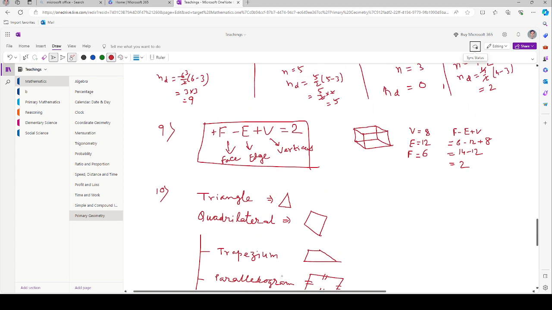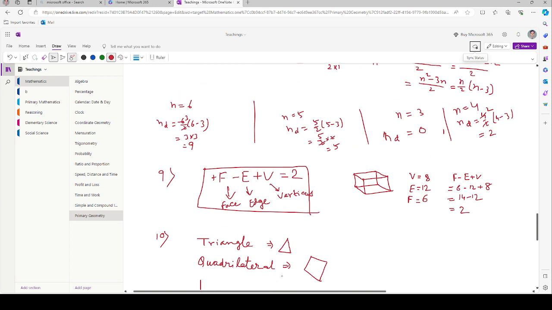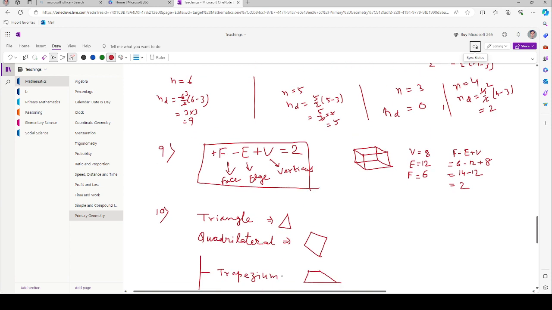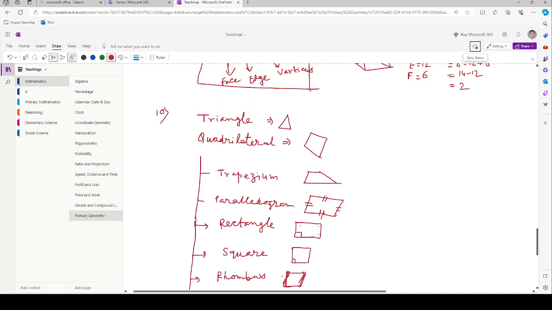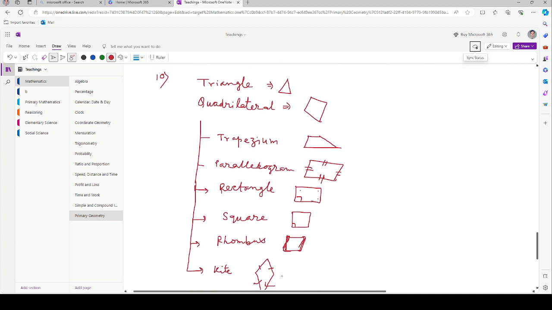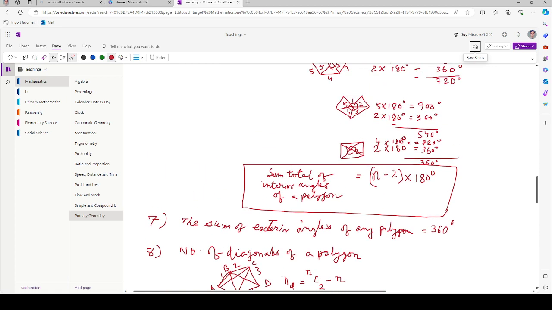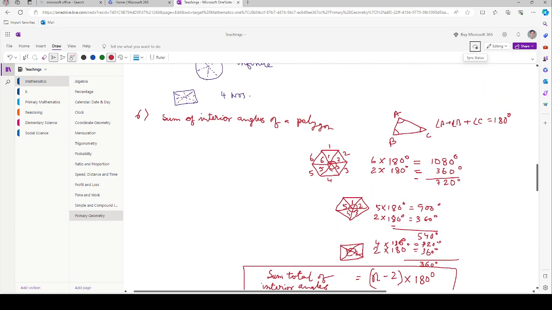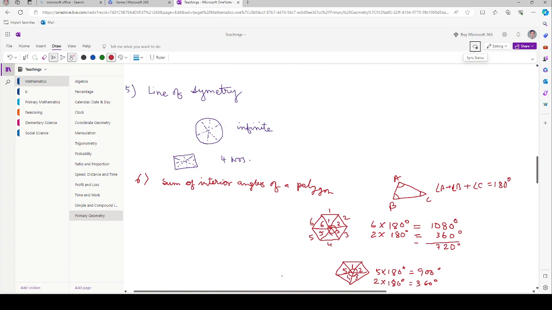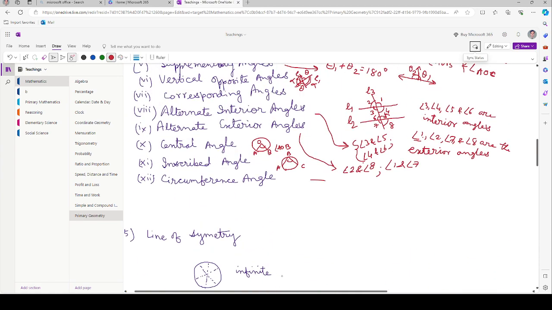These figures are to be remembered to solve our mensuration problems. Each and everything has application in mensuration.